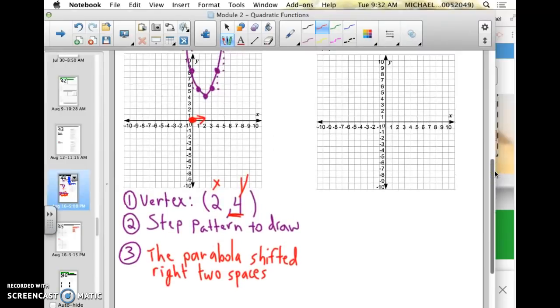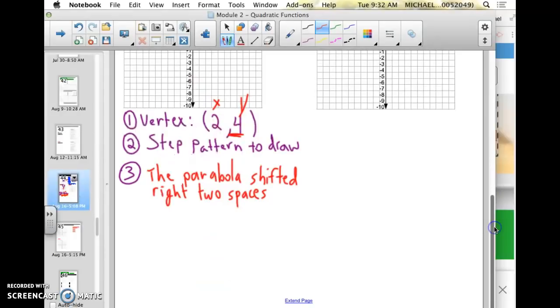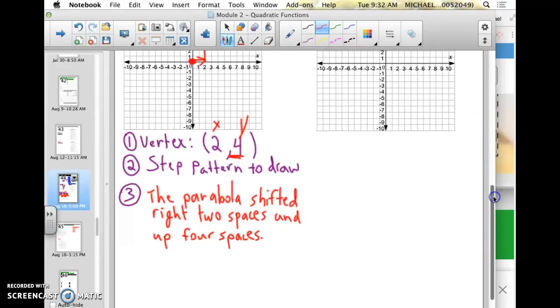It shifted right 2 and it shifted up 4. Right 2 spaces and up 4 spaces. And I'm done.